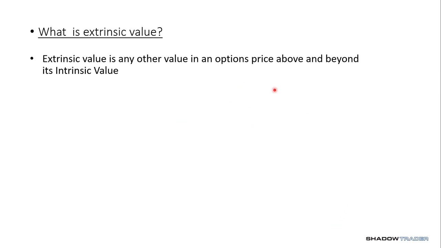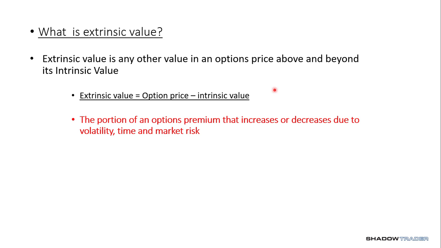So what is extrinsic value? It is any other value in the options price above and beyond the intrinsic value. So again, extrinsic value equals option price minus intrinsic value. This is the portion of the options premium that increases or decreases due to volatility, time, and market risk.